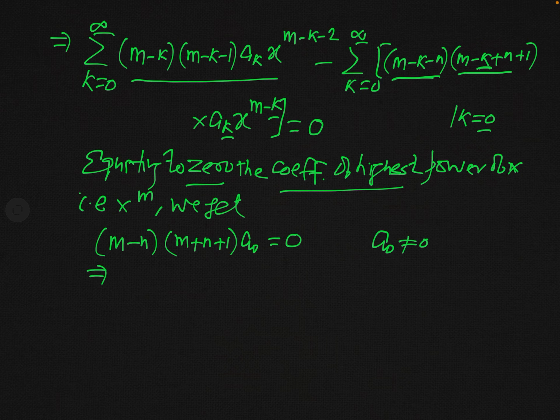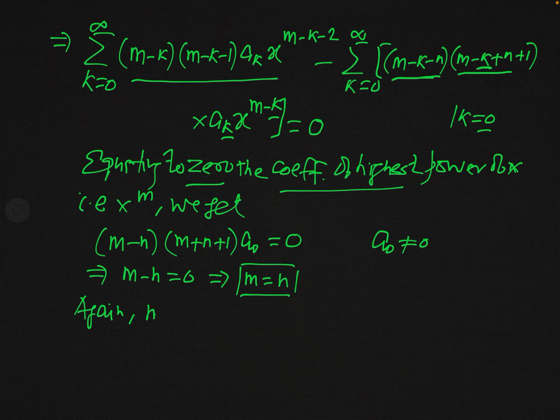Now from here we will find the value of m. Since a naught is not equal to 0, and as it is a quadratic equation in m, there will definitely be two roots. If m minus n equal to 0, then m equals n. So this is the first root of this initial equation, m equal to n.